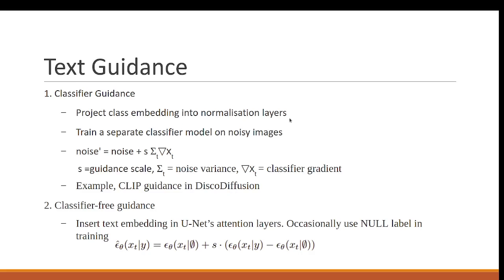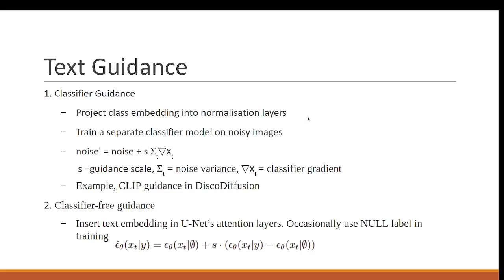But they found that they could further improve the image quality by training a separate classifier. So in addition to the diffusion model, there is another classifier, just a normal CNN like ResNet, to do the classification of ImageNet.